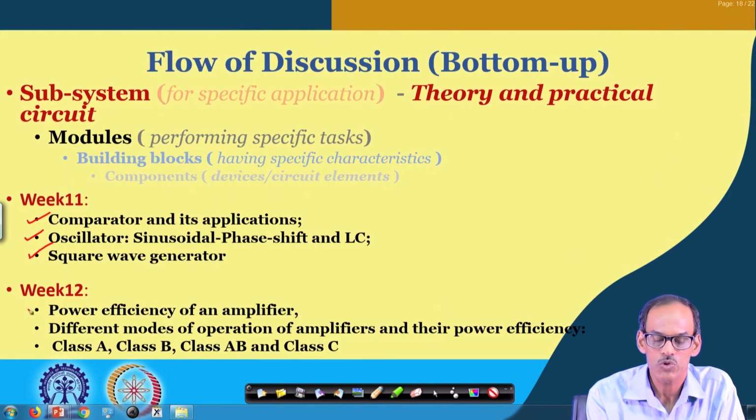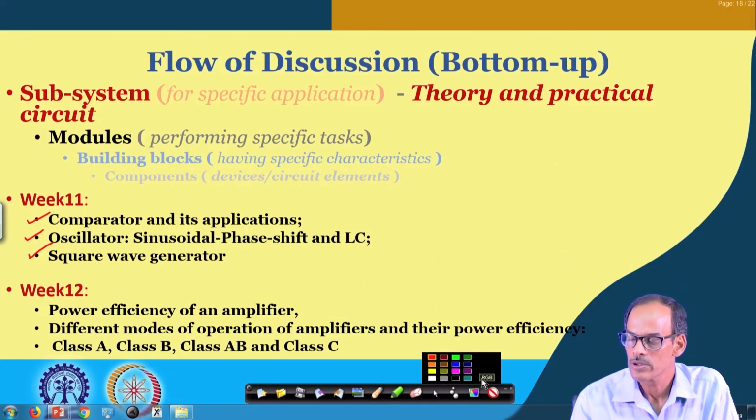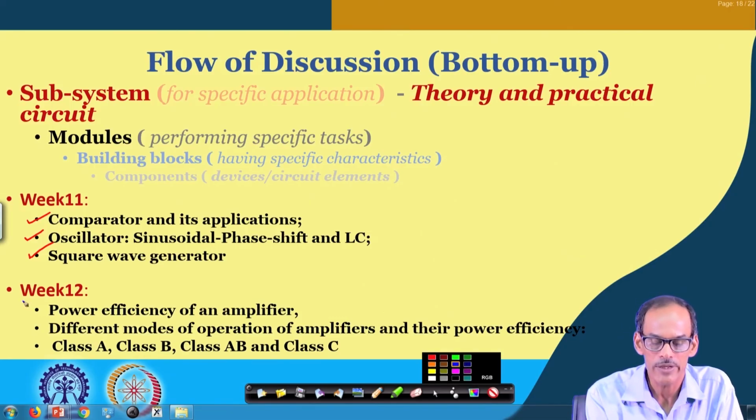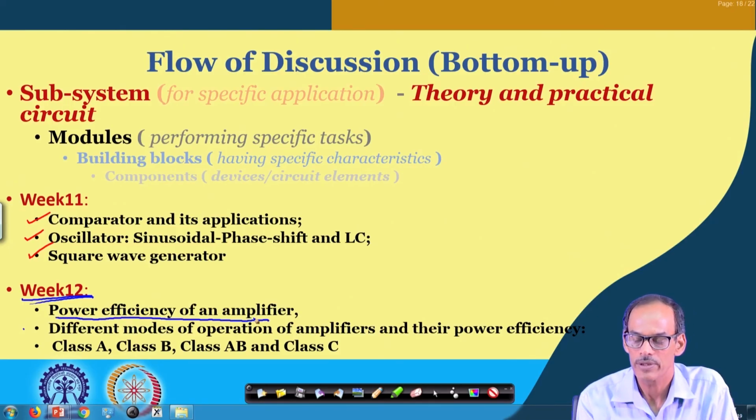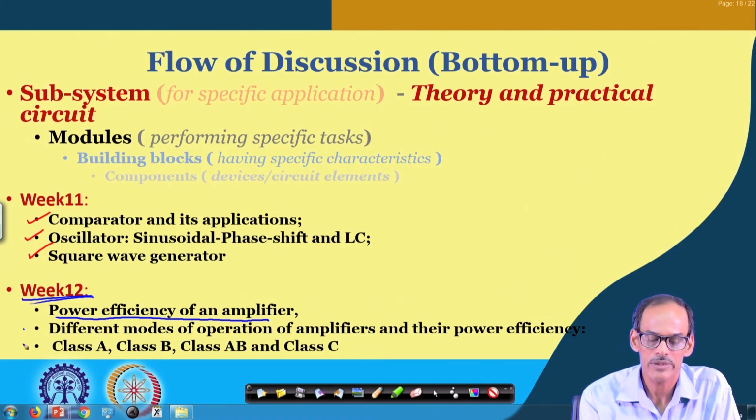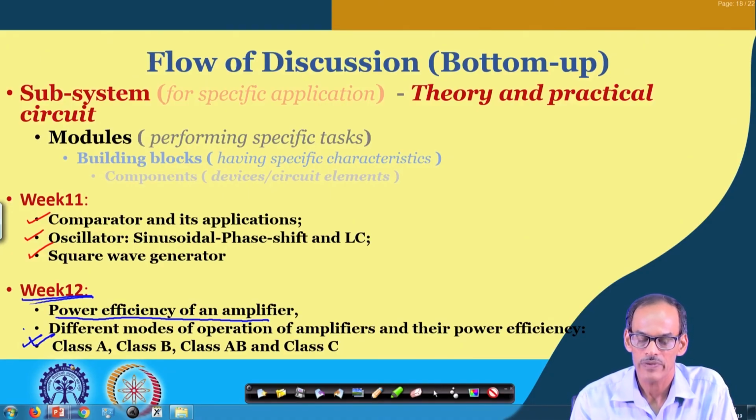And then week 12 will discuss different kinds of sub circuits, namely the power amplifier. Before going into the power amplifier, we must discuss the power efficiency of a typical amplifier, and then we will discuss different configurations and how the power efficiency of those circuits is determined.